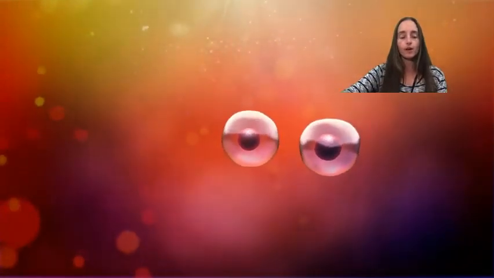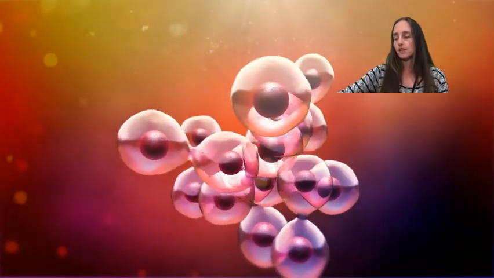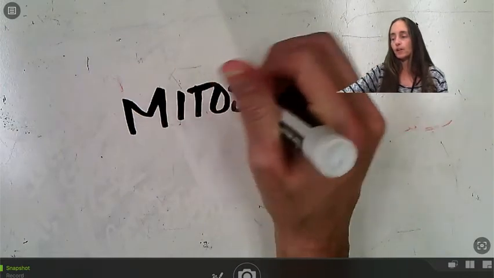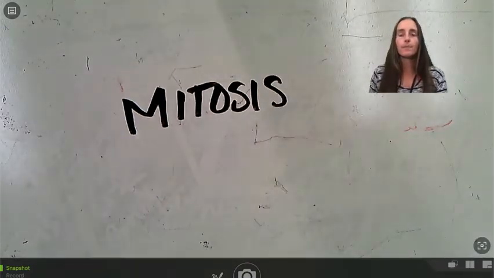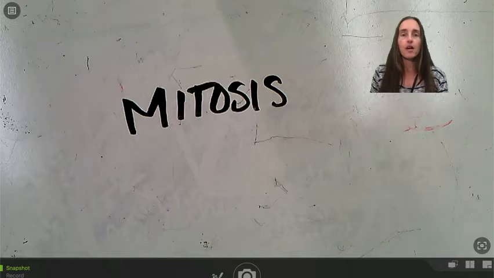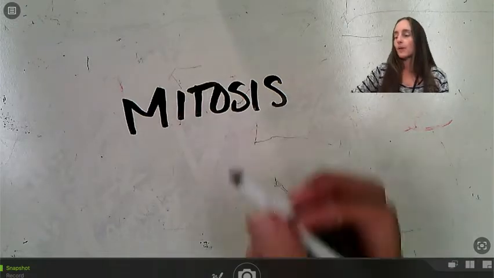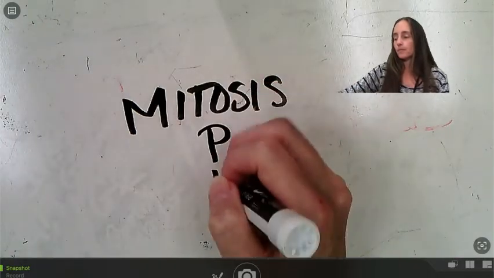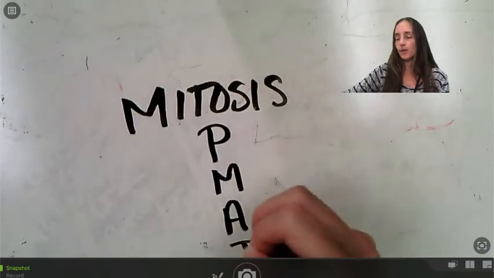And so we're going to go through the basic phases, and you don't have to have the names memorized, but you do have to have a general idea of them. It's not hard to memorize the names. You might as well while you're here, but basically you need to know what's going on. I just remember it, PMAT.